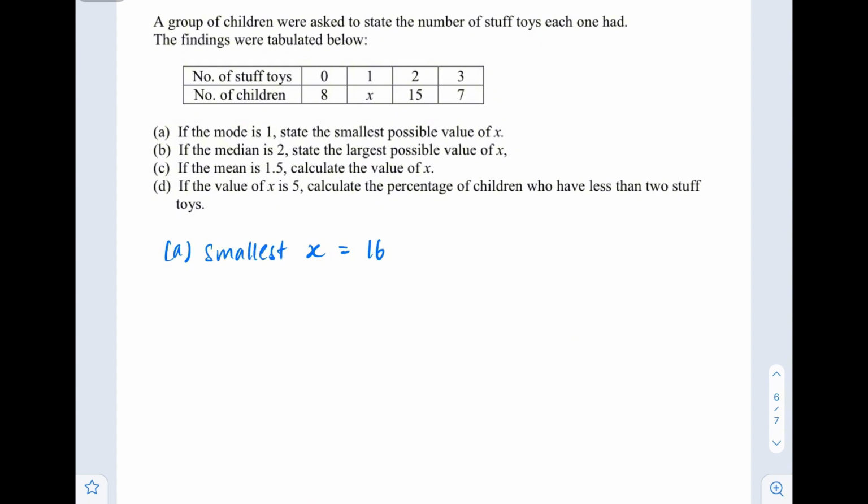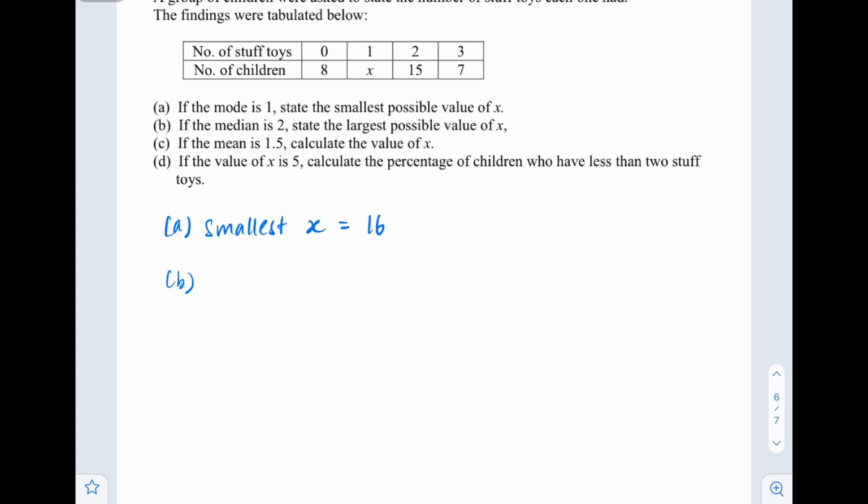Next, let's look at the second question. The second question says the median is 2. What is the largest possible value of X? So if the median is 2, again, first we need to understand what this data set is trying to tell us.